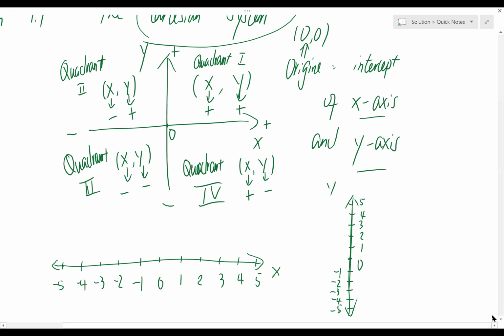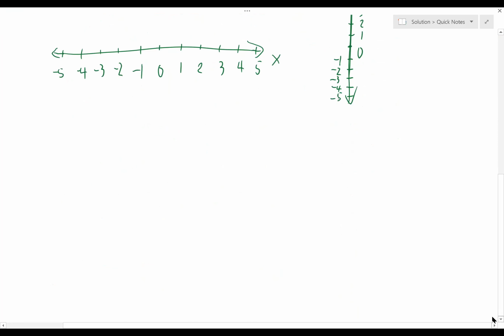And also, let's take a look at how to locate some of the order pairs, right? So let's locate order pairs. Example. Let's locate following order pairs in the Cartesian system.